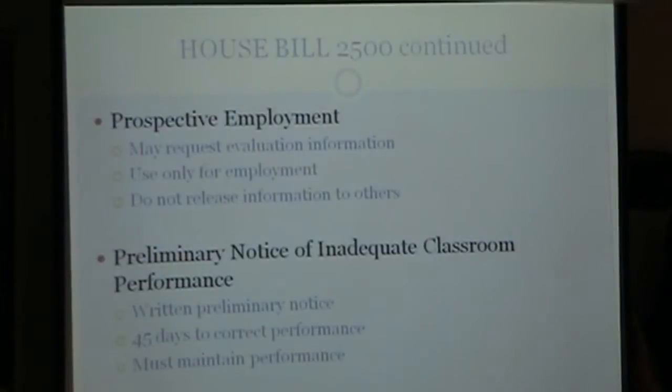And preliminary notices of inadequate classroom performance are currently in the law as well, but House Bill 2500 aligns the timelines for both continuing teachers and probationary teachers to have 45 days in which to correct performance and also maintain. In the past, we've had 60 days or 90 days, dependent upon if they were continuing or non-continuing teachers.